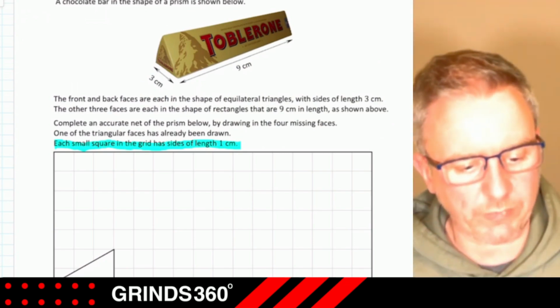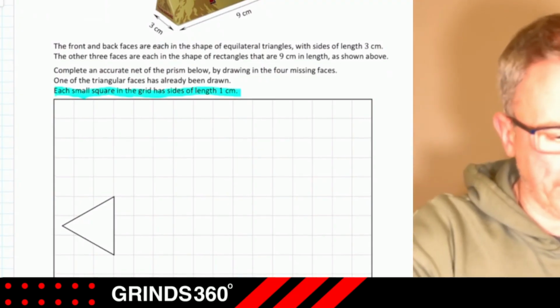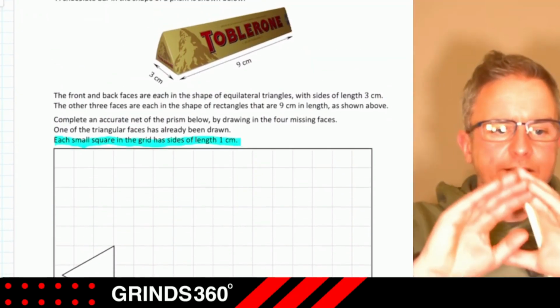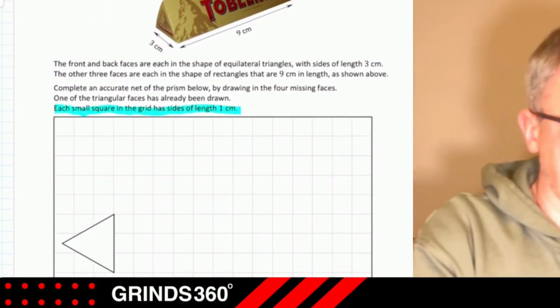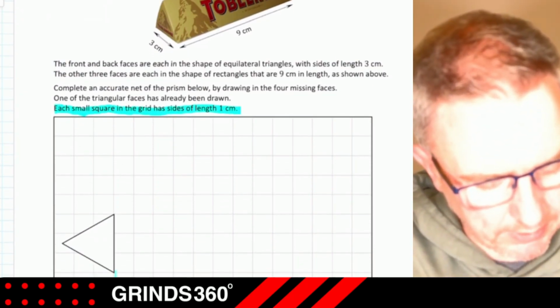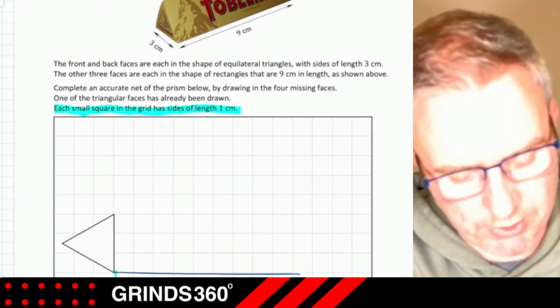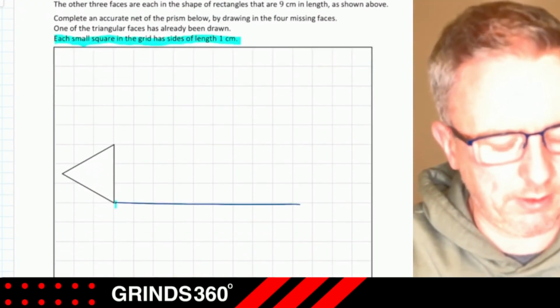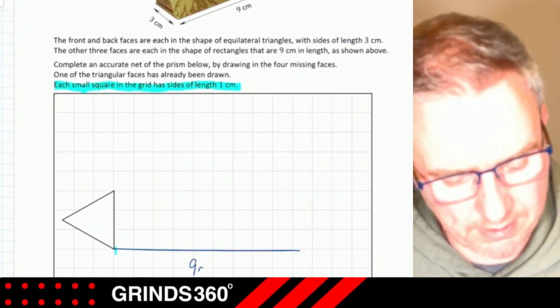So if we have to draw the net of this, all right, so the net basically, just remember what that is, you're folding out the shape, all right? So you're folding out the shape. So all we're doing is we're coming along and we're saying, right, there has to be a rectangle here. Now, there is a temptation to come along and just randomly draw a rectangle and head on, okay? But they told us that the length is 9 centimeters.